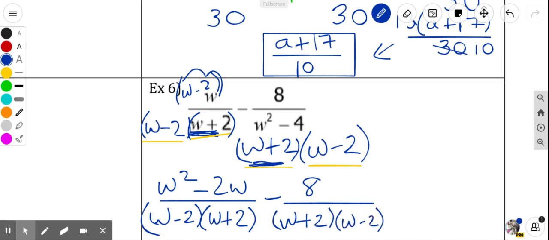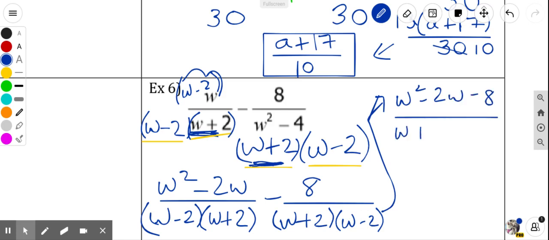Okay, so now we have to just subtract across. Notice none of these are like terms. So this, I'm going to write over here, becomes w squared minus 2w minus 8 over w plus 2, w minus 2. So this is kind of a long one. Some of them are like this. So now we have to simplify this.